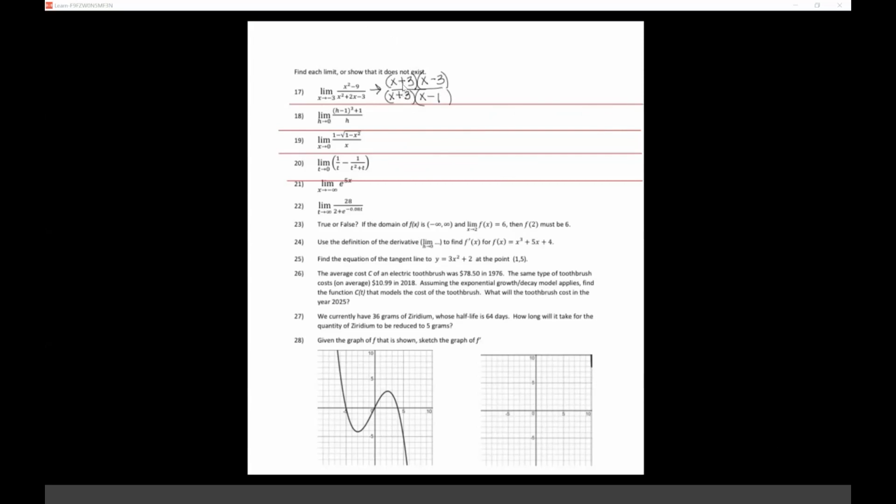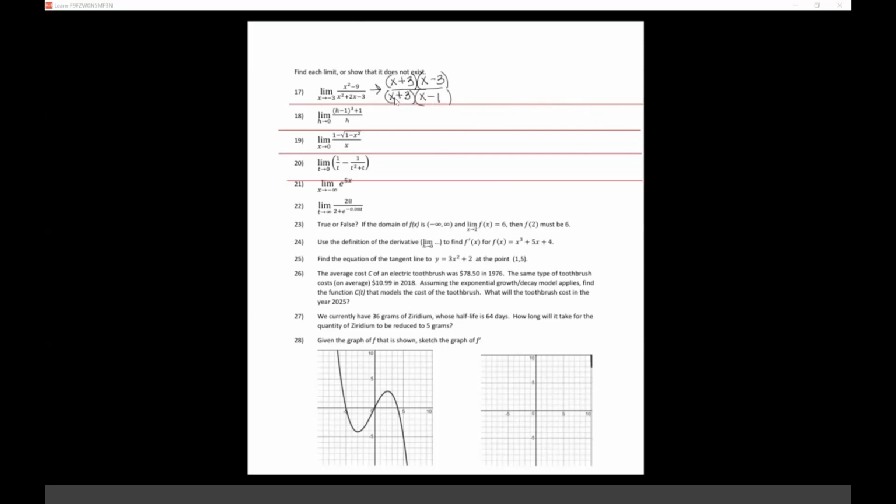Normally, I wouldn't cancel it out, but I'm going to do that because I'm trying to take a limit. But what does the matching factor mean you've got? Anybody remember? Well, we know it's an undefined spot, right? Because any factor in the denominator of a rational function gives me an undefined output.